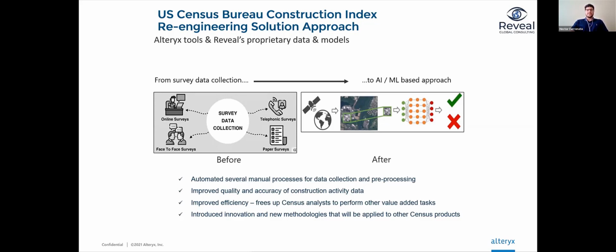So as you can see, with this solution, we'll help Census translate and transform their process slowly, gradually into a completely automated approach to this more than 100-year-old approach from the survey collection that they had. So Andrew, if you can please go to the next slide.